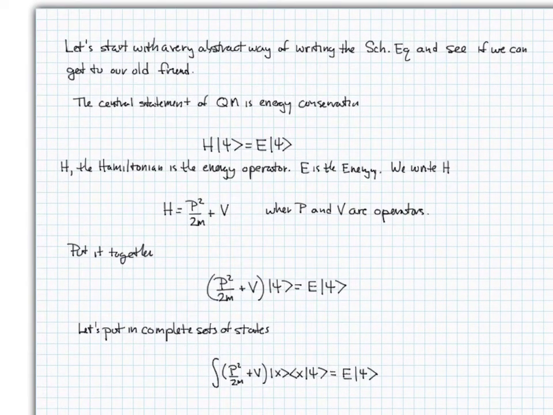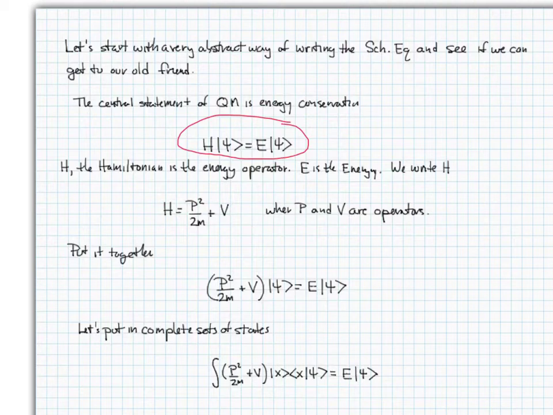All right, let's see if we can get to our familiar Schrödinger equation using this Dirac notation. You can argue, or I will argue, that the central quantum mechanical equation is energy conservation, and it's no more than the Schrödinger equation. The Schrödinger equation, written in this abstract way, looks like H psi equals E psi.